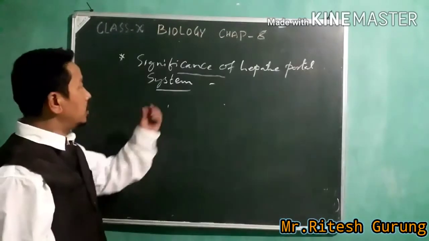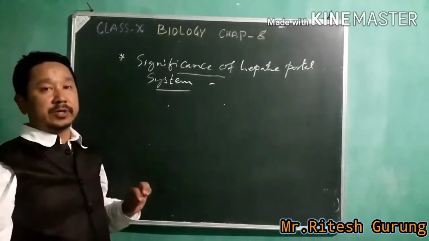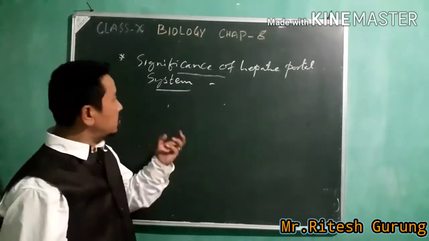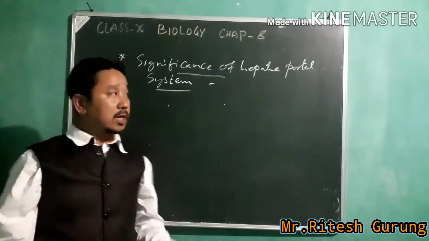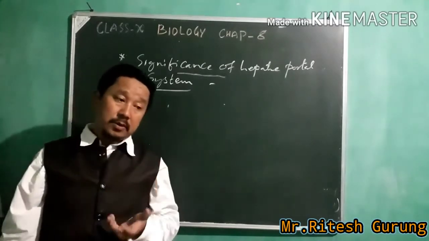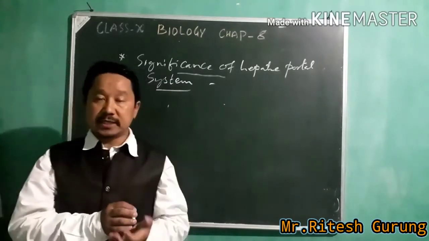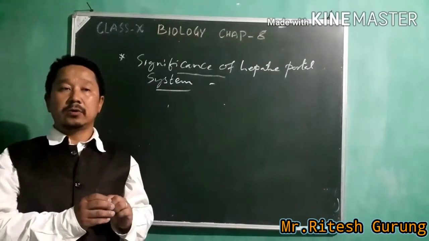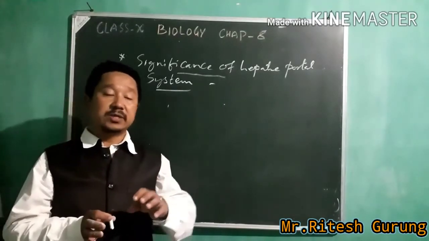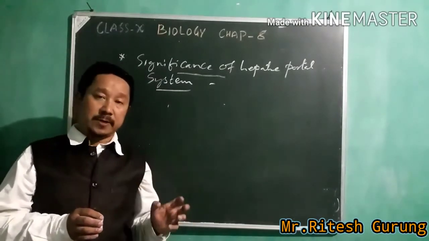All right, now we'll see the significance of the hepatic portal system. It is important and also in your syllabus. What is the utility or importance of the hepatic portal system? As you have just discussed, food after being absorbed in the small intestine and stomach will not directly go to the different parts of the body, but is first brought to the liver.